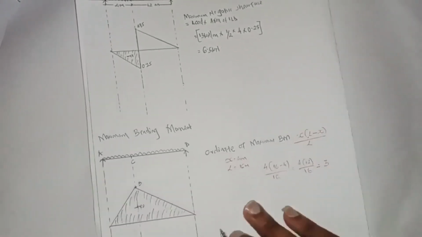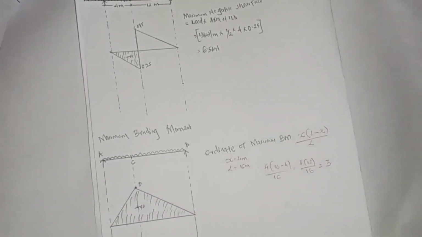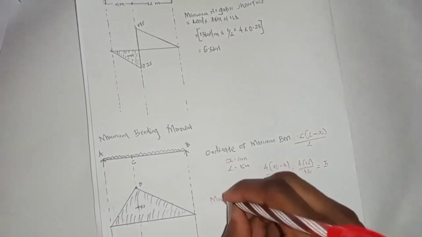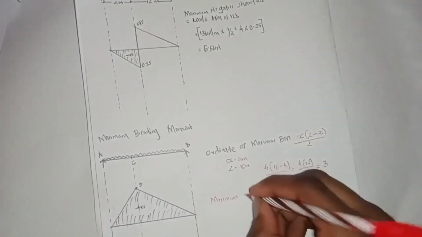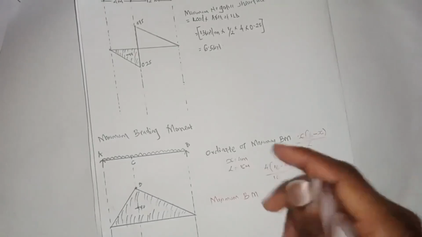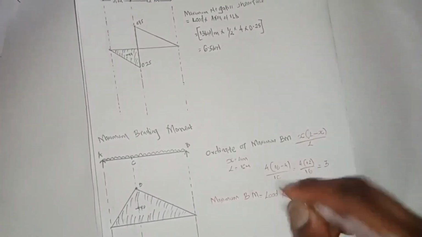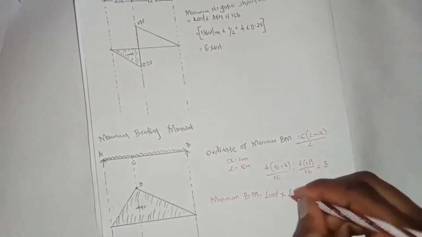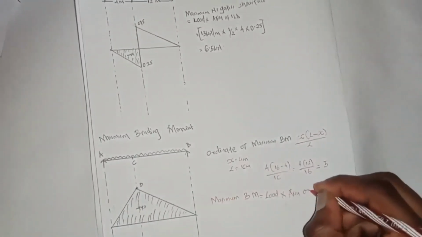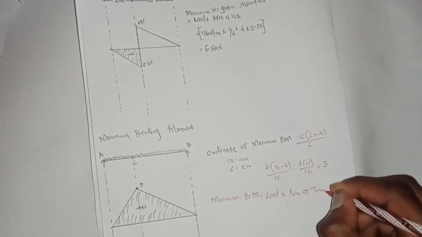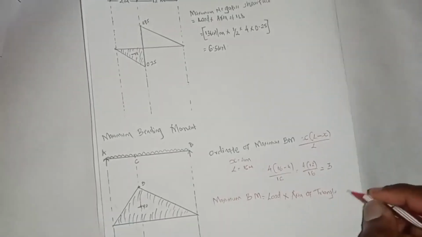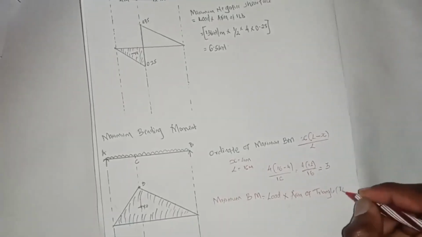So our maximum bending moment equals load multiplied by the area of the triangle, or ILD diagram.